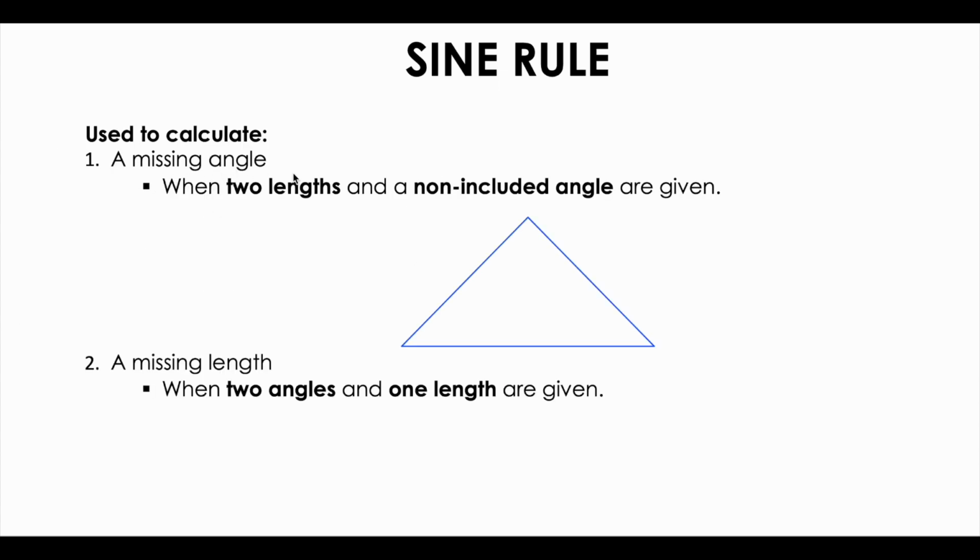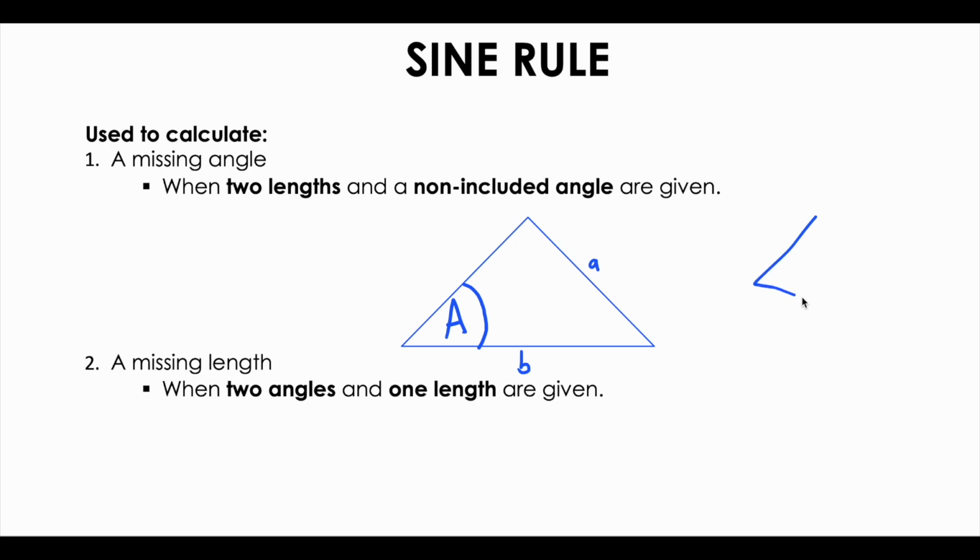If we want to calculate a missing angle, we must have two lengths and a non-included angle. So if we have a length here called A and a length here called B, we must have at least one angle that's not an included angle. So in this case, A here is not an included angle.